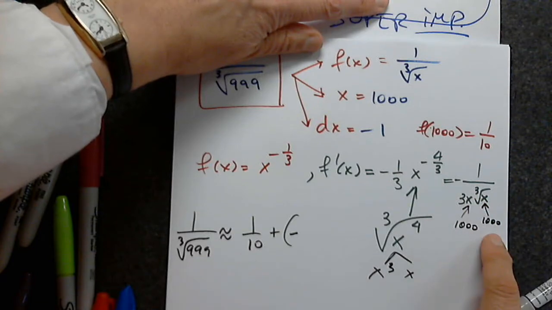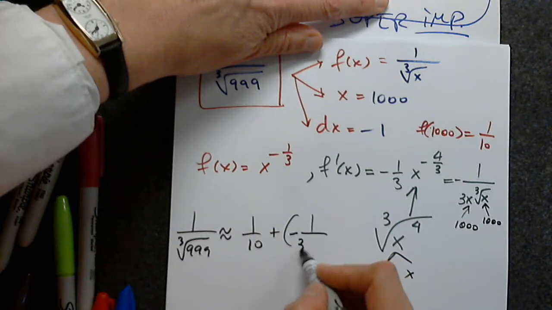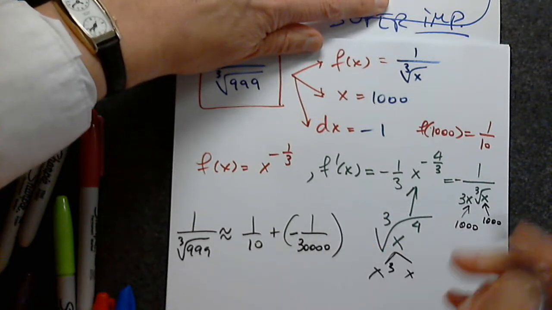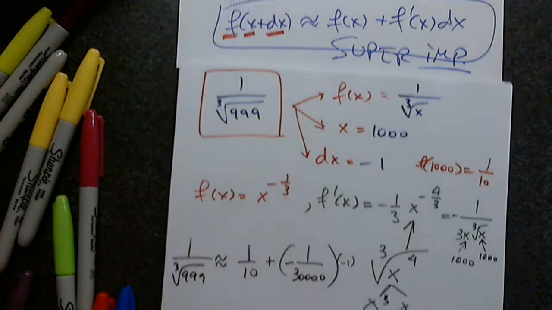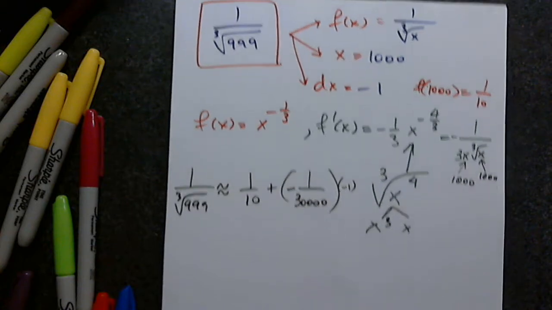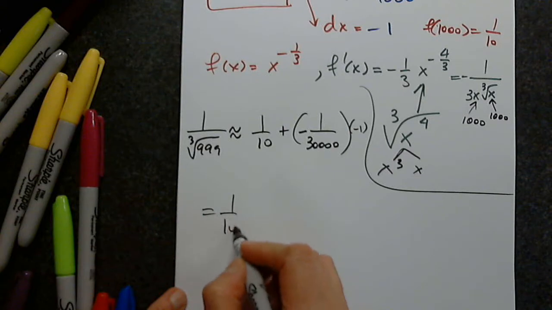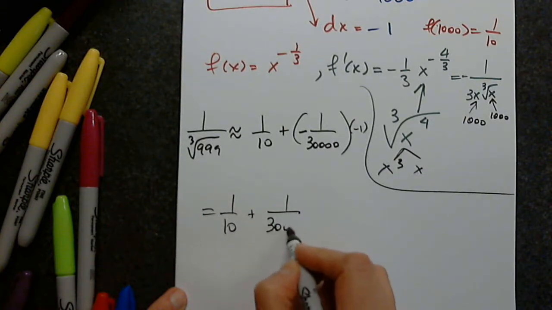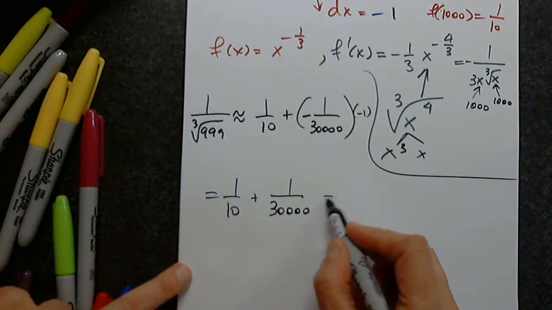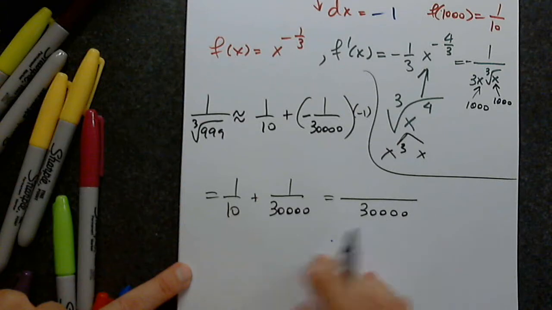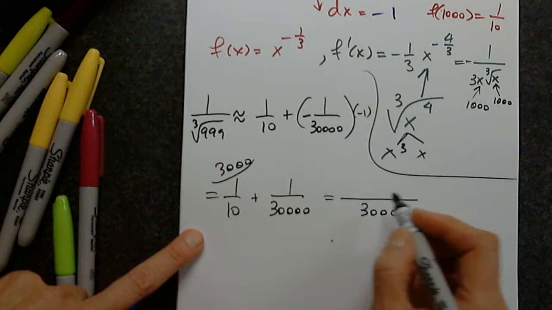How much is the cube root of 1,000? 10 times 1,000, 10,000 times 3, times dx. How much is dx? I don't think you would have expected this. So 1 over 10 plus 1 over 30,000. The least common denominator is 30,000. This needs a 3,000. 3,000 plus 1 is 3,001.